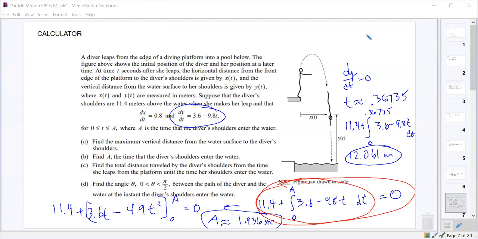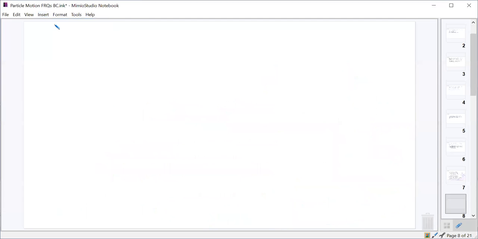Cool. All right. Part C, find the total distance traveled by the diver's shoulders from the time she leaves the platform until when her shoulders enter the water. So this time we've got to deal with both dx dt and dy dt. This should just be an integral from 0 to a.